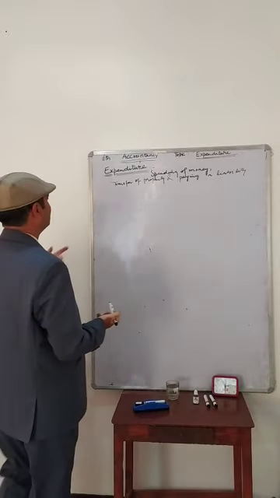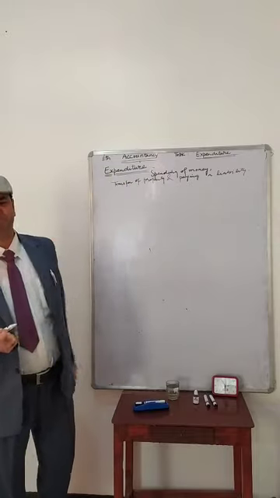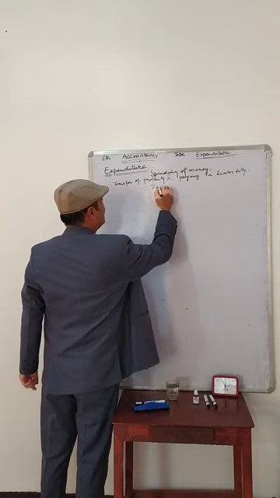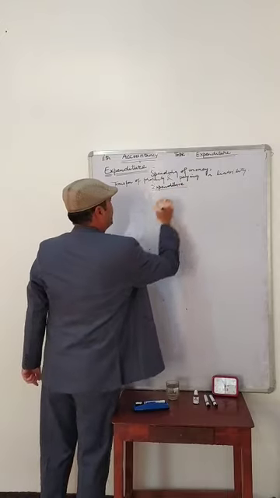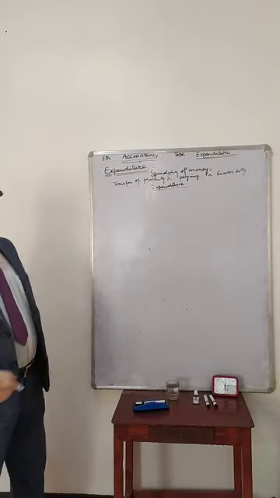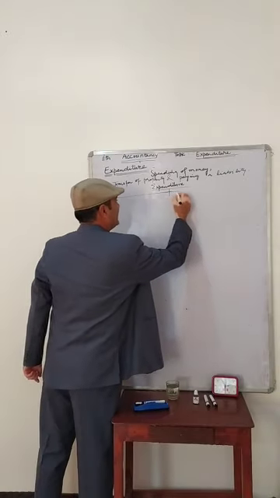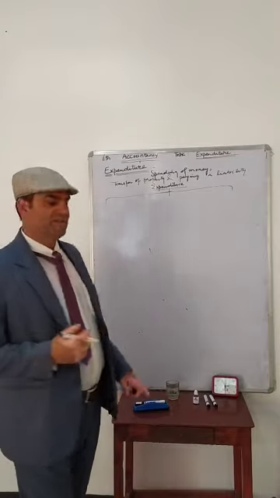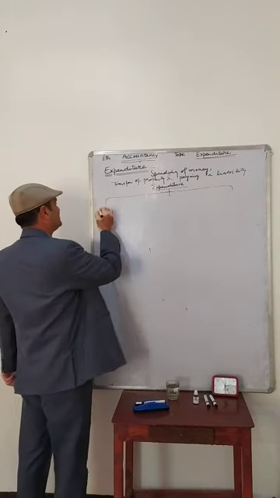Dear students, let's know more about this expenditure. The term expenditure can be classified in three ways, or into three categories. In other words, the term expenditure has three types.